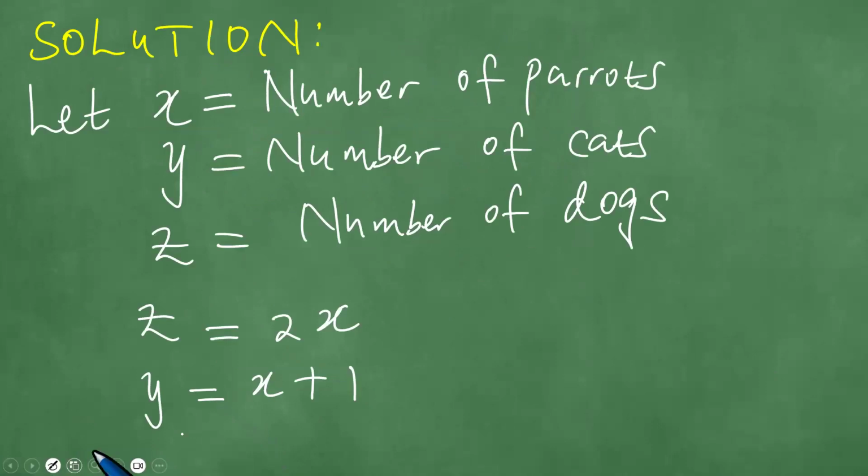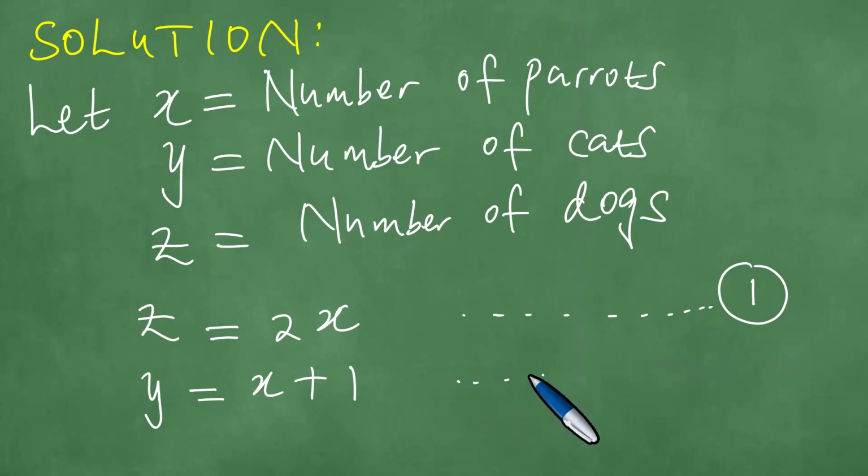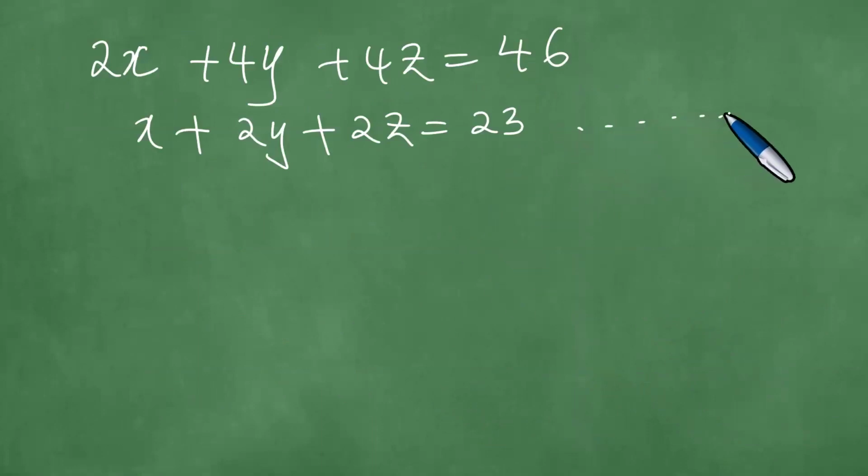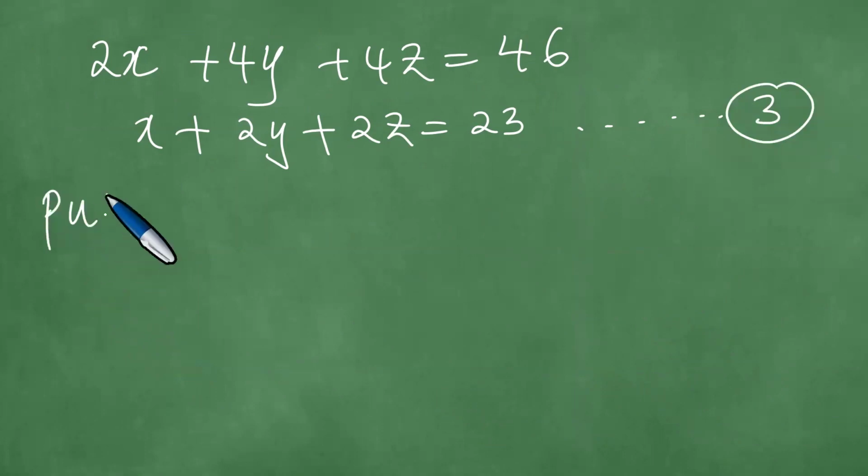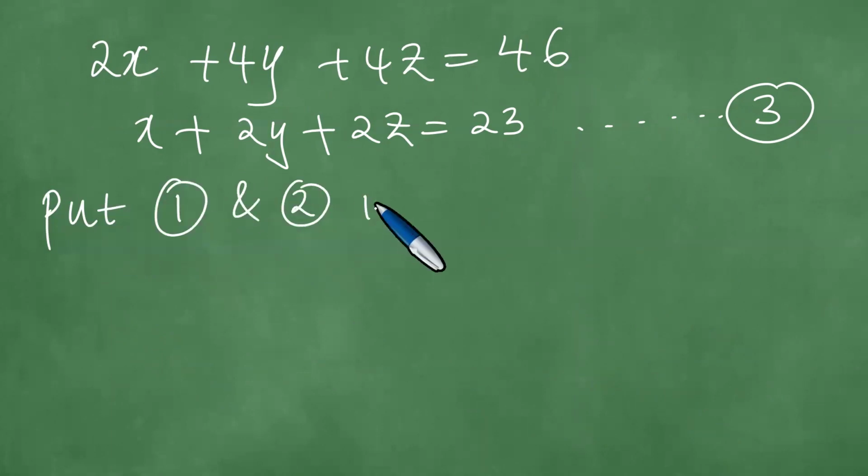Okay, a couple of things remain very, very pivotal. What are they? Right, we recall and we label our algebraic equations. This is the first, the second, and this one here is the third equation. That is how we label the equations. So we decided to put 1 and 2 right into equation 3, right?